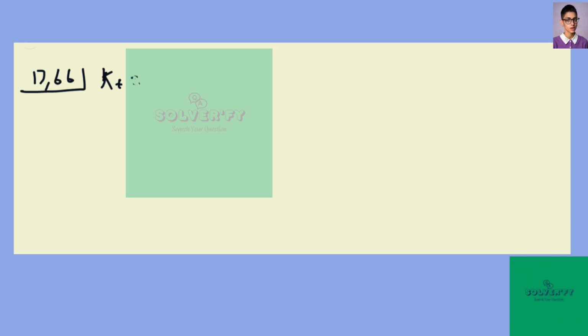So from this table mentioned here, the Kf value for the formation of the nickel complex ion, which will be shown here, is 1.2 times 10 to the 9.